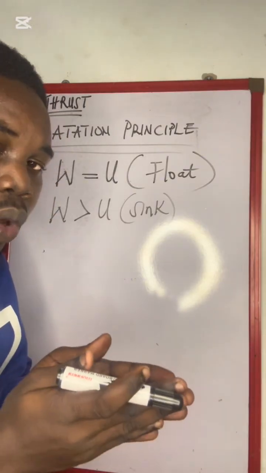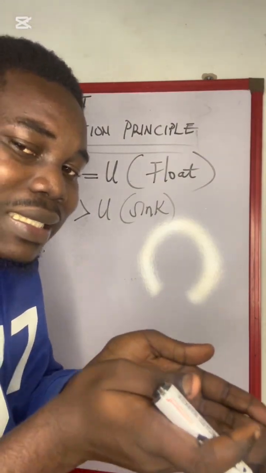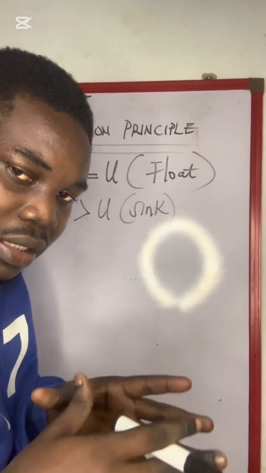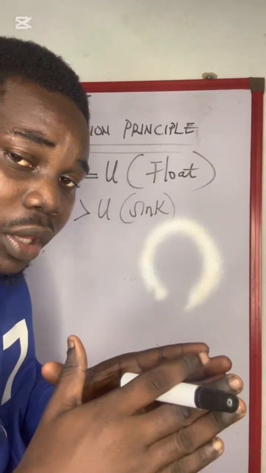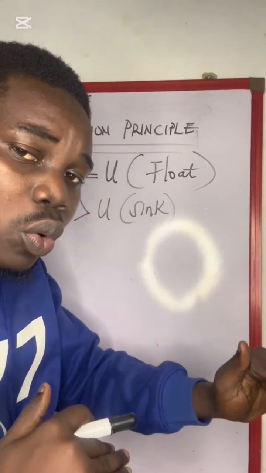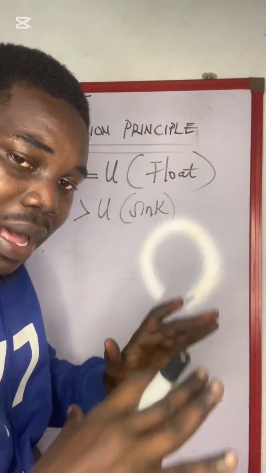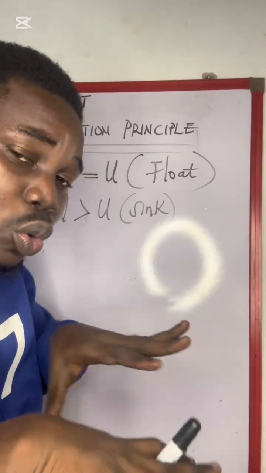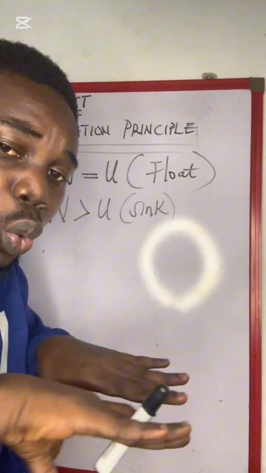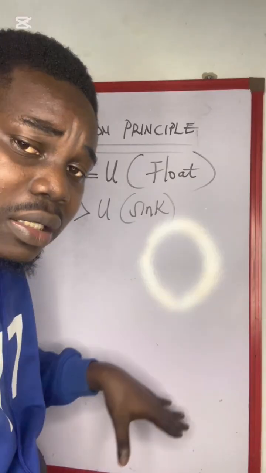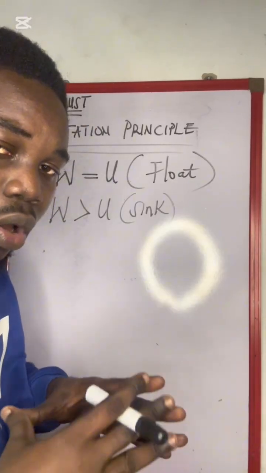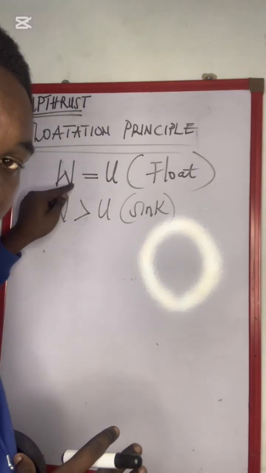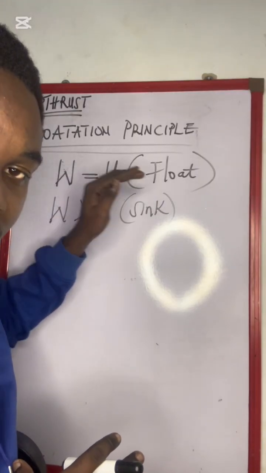Therefore, you will float if you can displace your own weight of the liquid. This helps people that swim to remain afloat in water by flapping their hands or their legs. They tend to displace their own weight or volume of the liquid. Therefore, floating simply says weight equals upthrust, then you float.